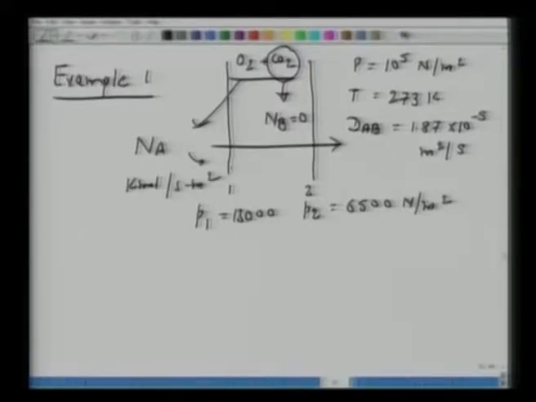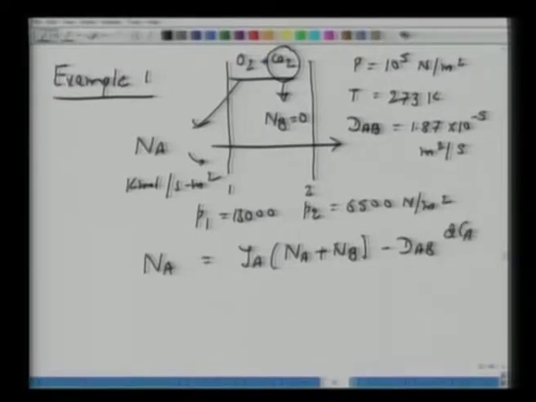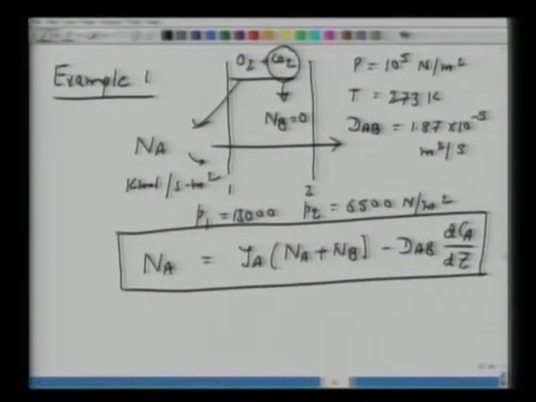It is a very simple example, the first one to start with, and we start with our expressions for N_A which we developed in our earlier class. So, we have N_A equals y_A times N, which is N_A plus N_B, minus D_AB dC_A over dz. This was our first governing equation for diffusion flux.